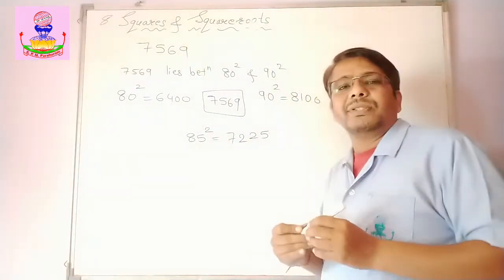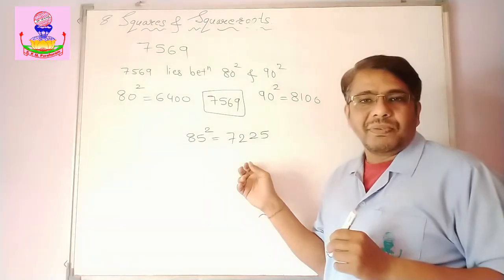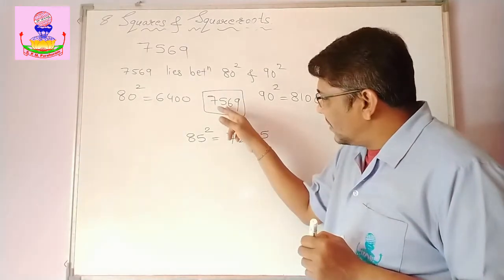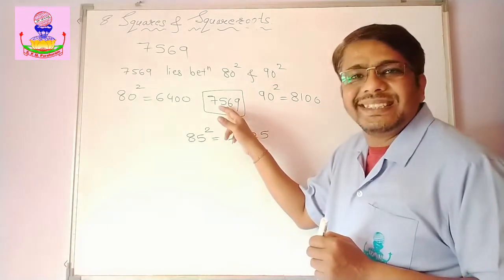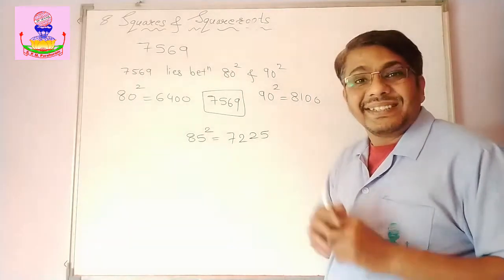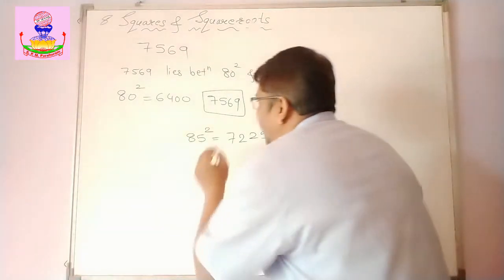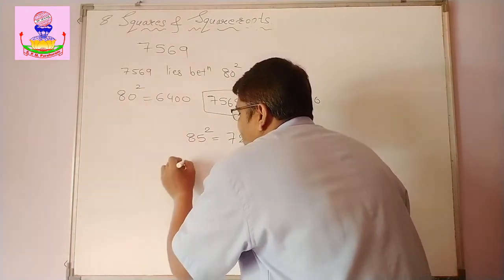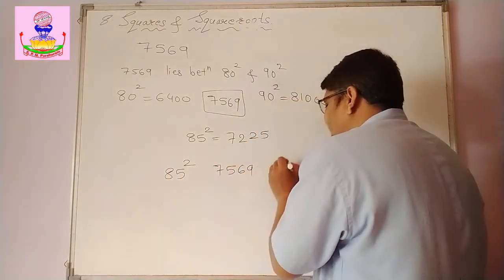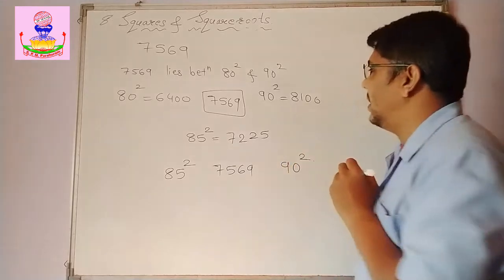So it is 7225. Do you get it? Now see here, this number 7569 is bigger than this. That means now I know that this number lies between 85 square and 90 square.